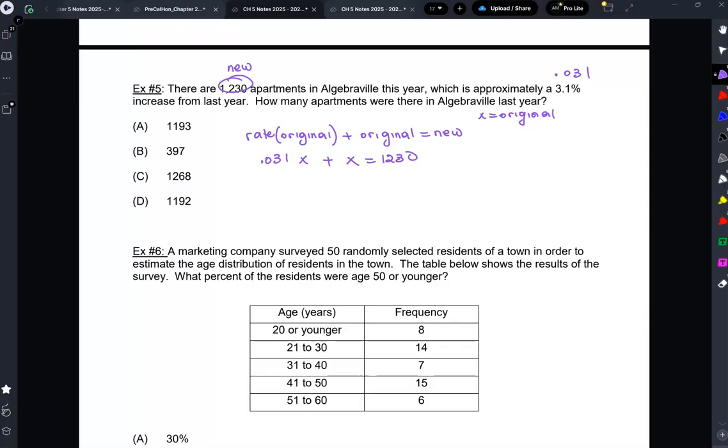Now, what's the coefficient of the second X here? So this first one is 0.031X. And how many X is the second one? 1X. So together, how many X's would that be?